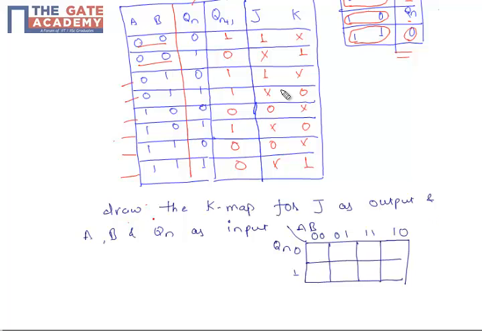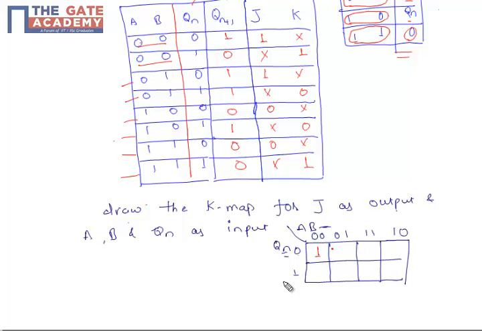Now draw the K map for J as output and A, B and Qn as input. Qn AB. Here we are taking Qn as our MSB and B as our LSB. So what will we get at what position? See, when Qn is 0 and A and B are also 0, our output J is equal to 1.